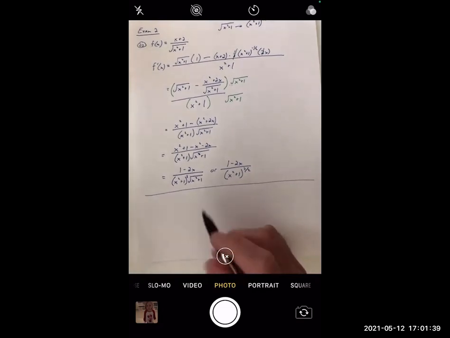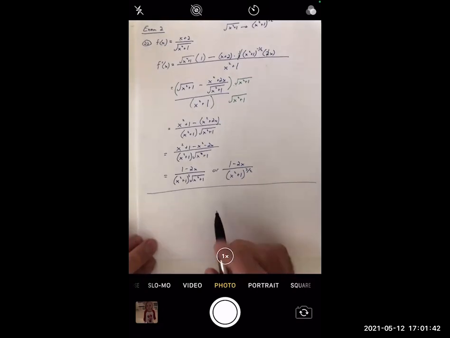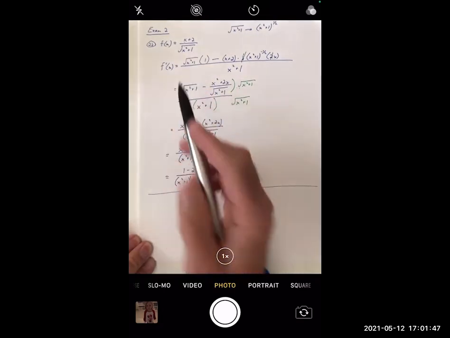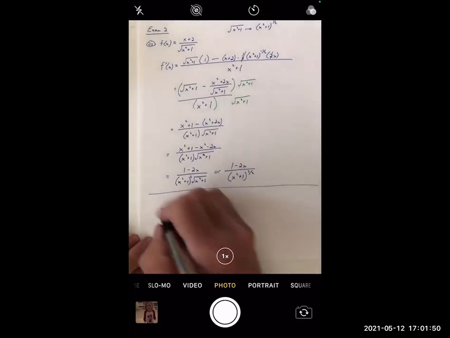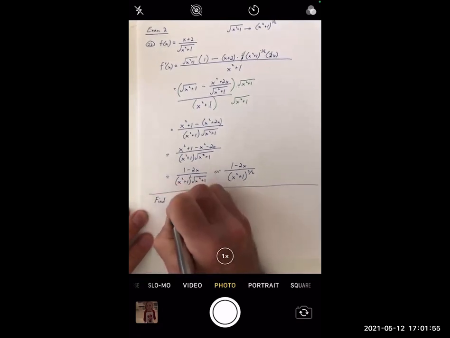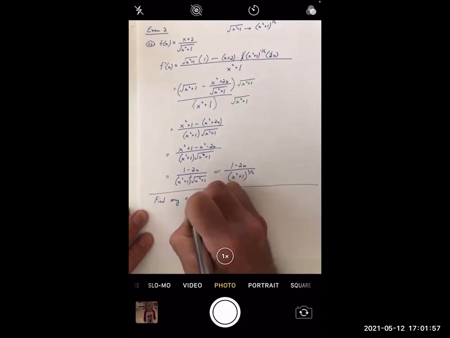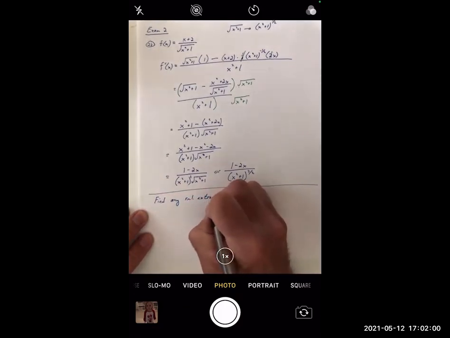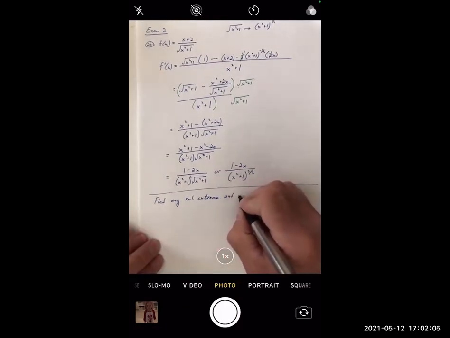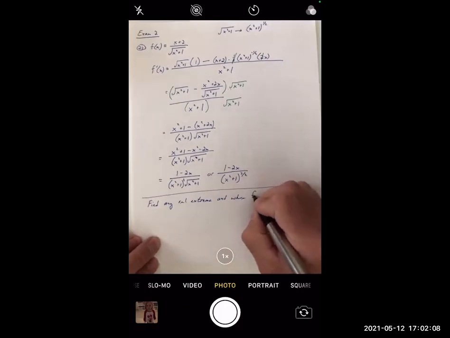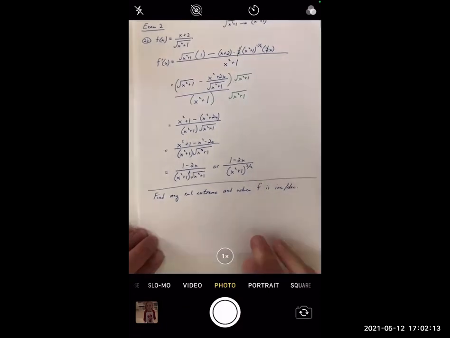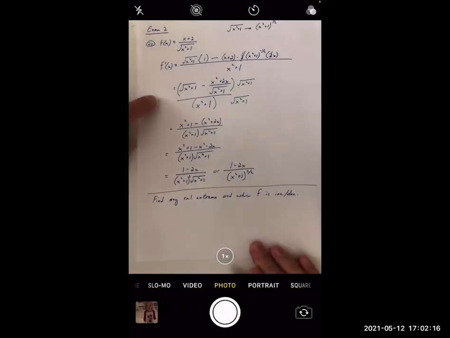So just for practice, since it is the final review, let's take this function and pretend that instead of asking what the derivative is, let's find any relative extrema and where f is increasing and decreasing for the same function.